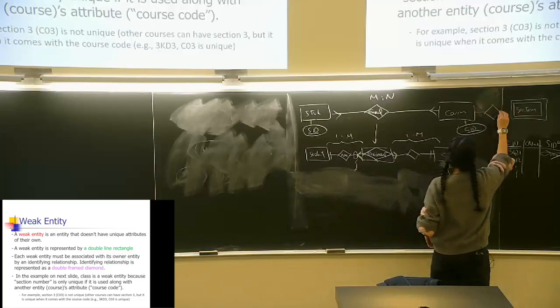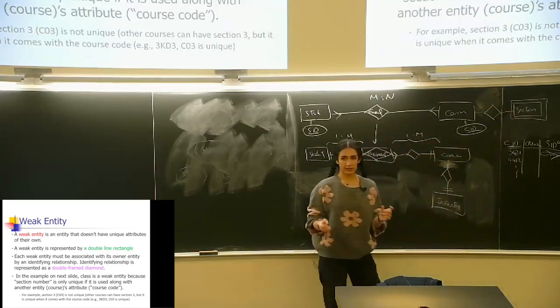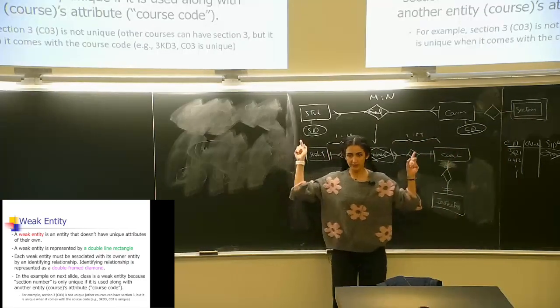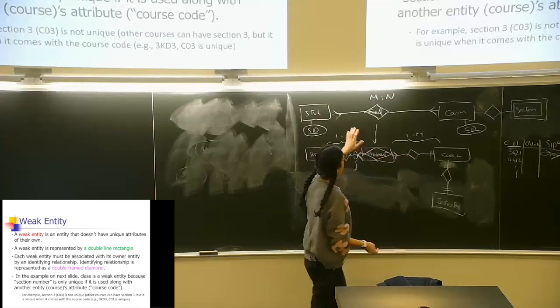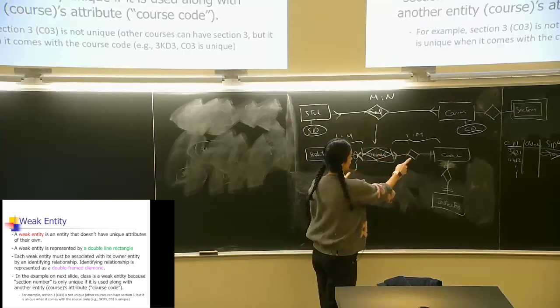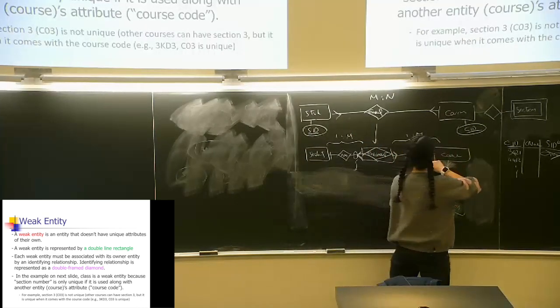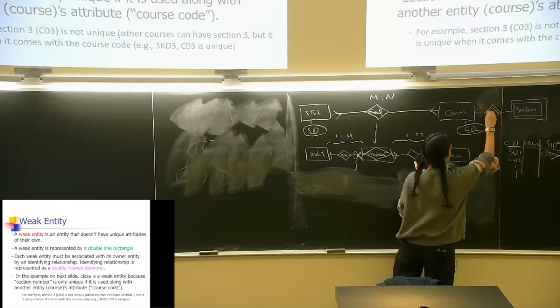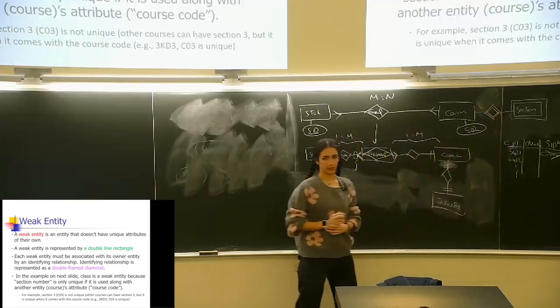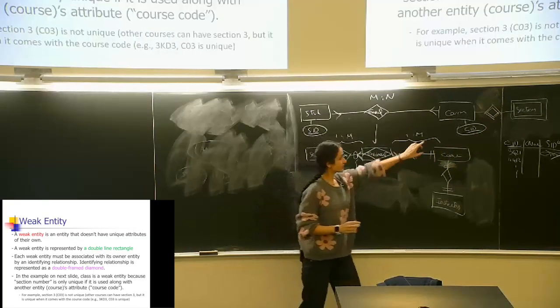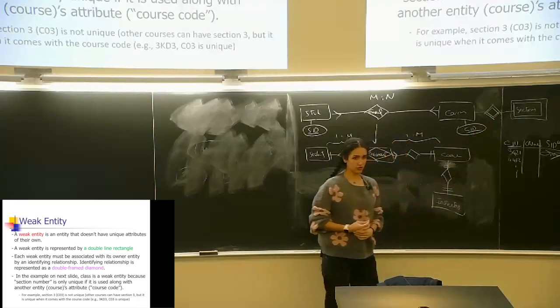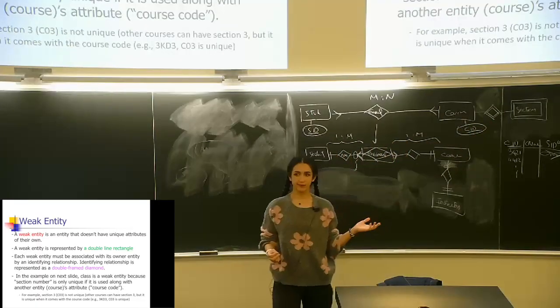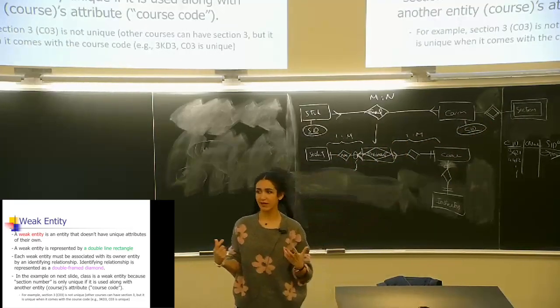We know entities are linked through relationships, right? And while we show regular relationships with a diamond, you have to show this one with a double line diamond. So this is called an identifying relationship. We always use identifying relationships whenever we have weak entities.